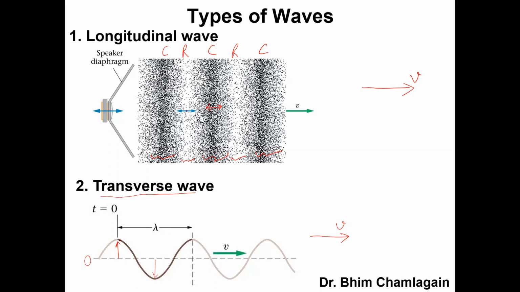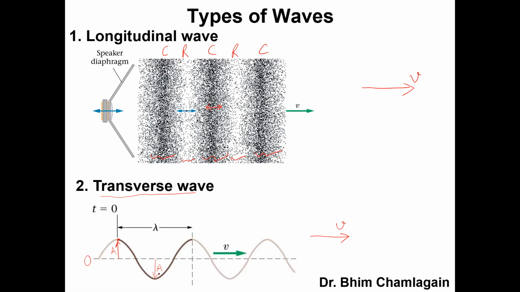So the particle will go to a maximum in the up direction. The maximum displacement in either direction is called the amplitude, whether up or down. One side you can take as positive and the other as negative, but the magnitude is the same, which is called the amplitude. The displacement from the mean position varies from the maximum value A to 0, and all the way to negative A on the other side.